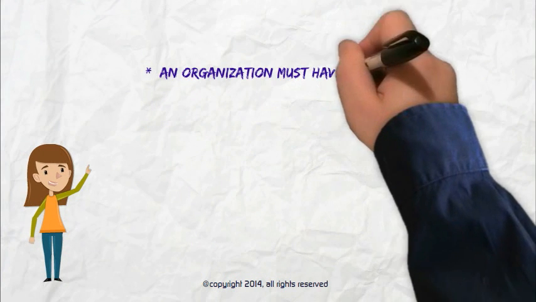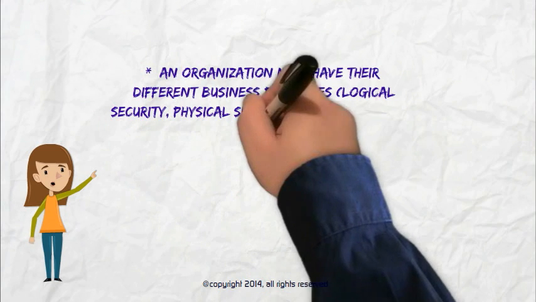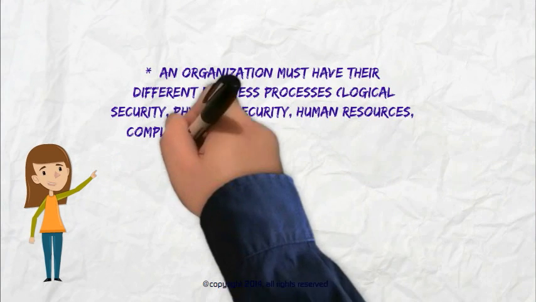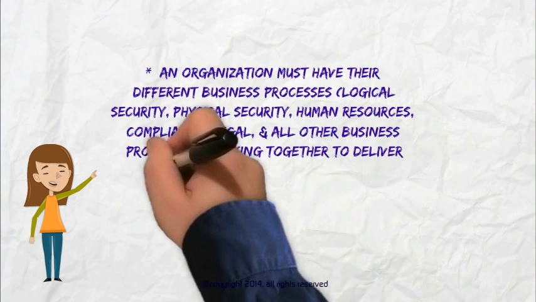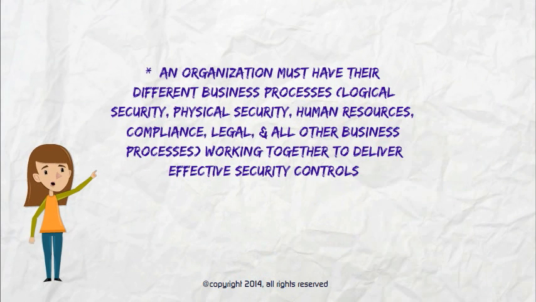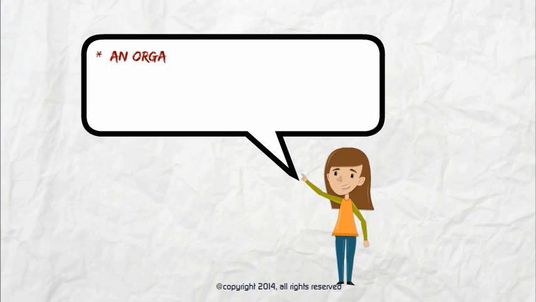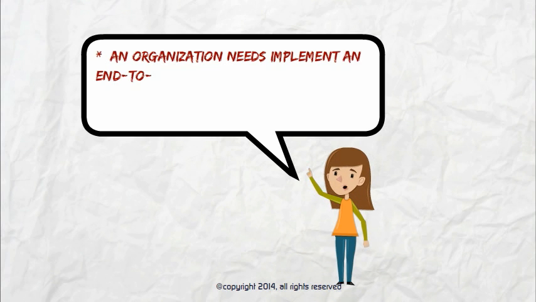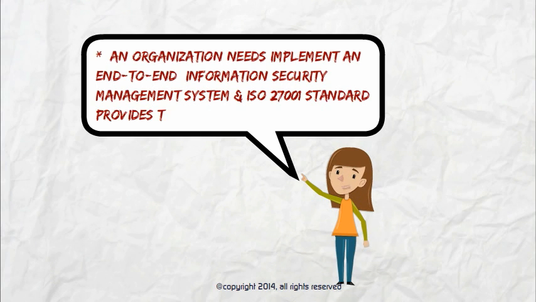Additionally, an organization must have their different business processes, logical security, physical security, human resources, compliance, and legal, and all other business processes working together to deliver effective security controls. So, in short, an organization needs to implement end-to-end information security management system, and ISO 27001 standard provides this.